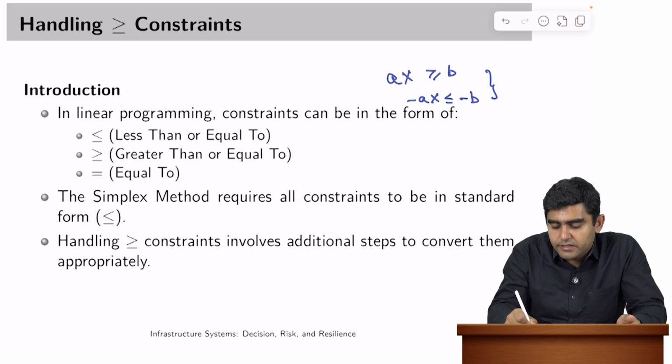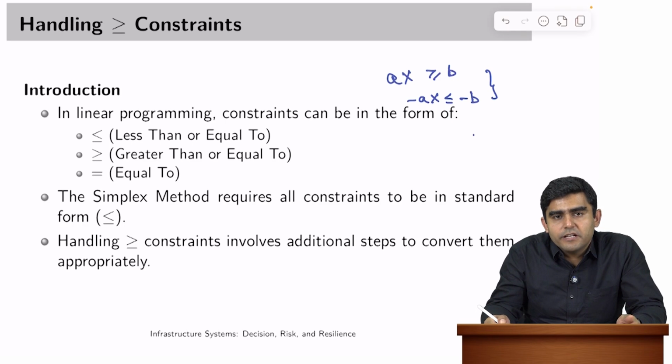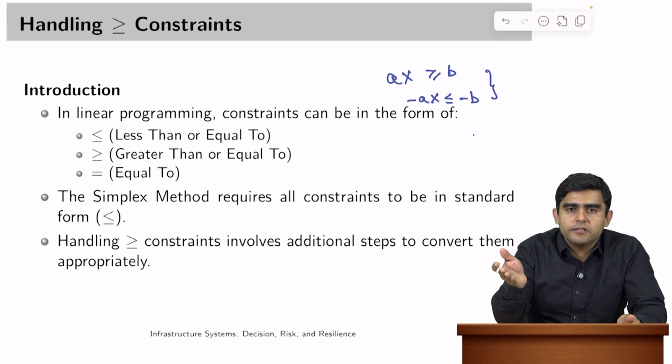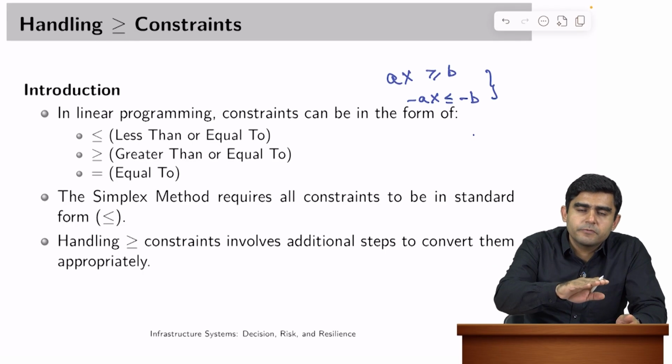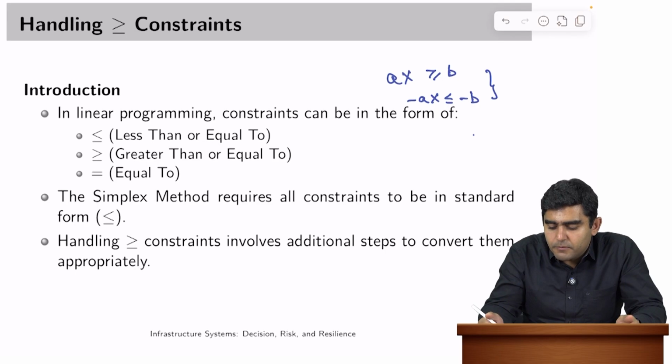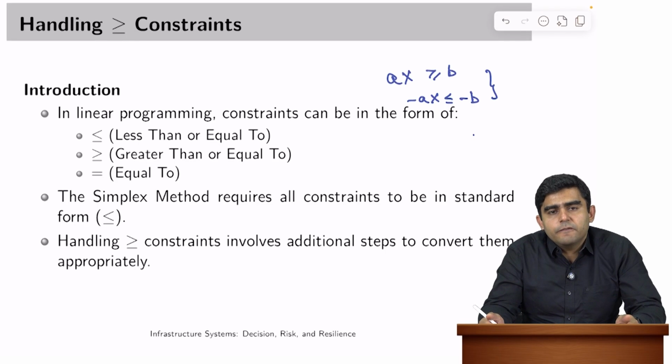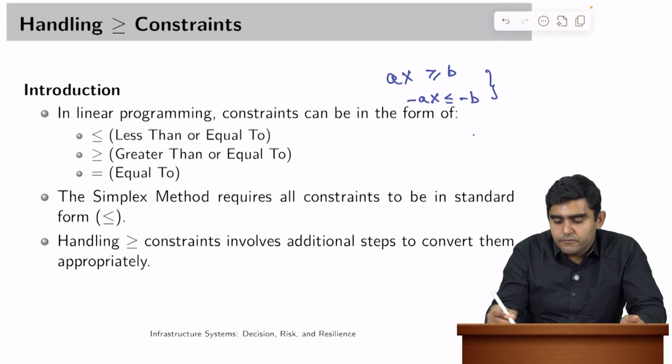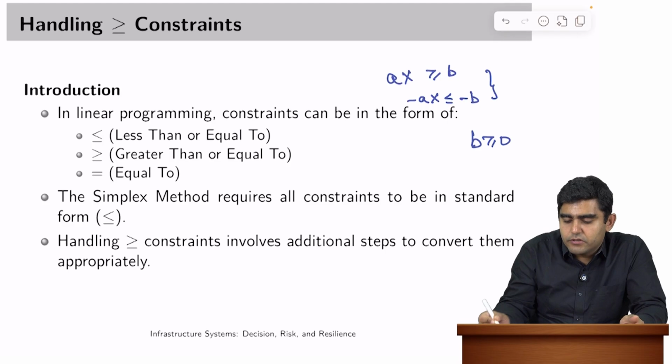Be careful here that I cannot just simply cancel the negatives on both sides because I am dealing with greater than equal to or less than equal to constraints. I have to make sure that whenever the equation is multiplied by negative sign, the greater than equal to flips the sign and becomes less than equal to and vice versa. Now, the problem here is that when we discuss the fundamentals of simplex method, we said that b is greater than equal to 0.